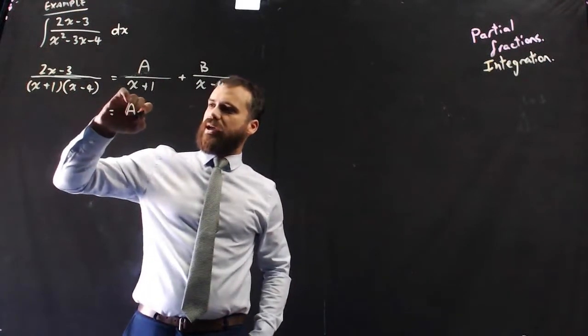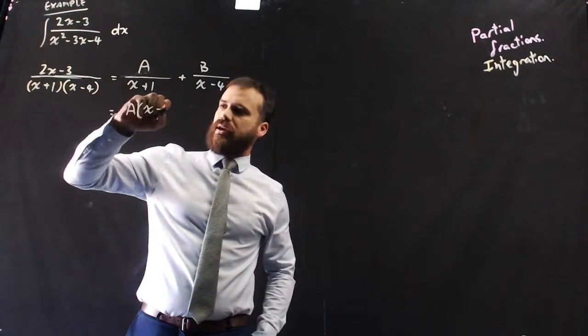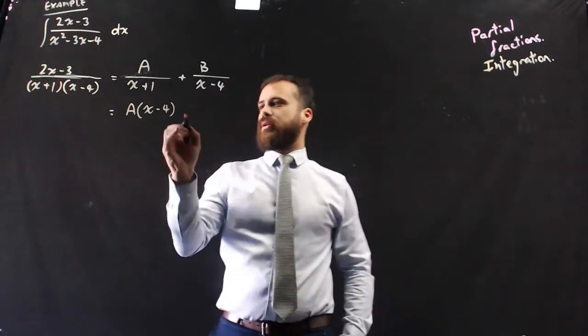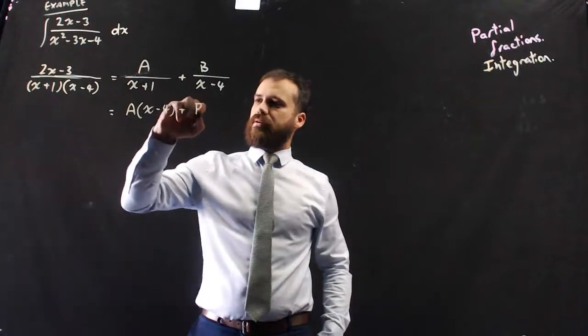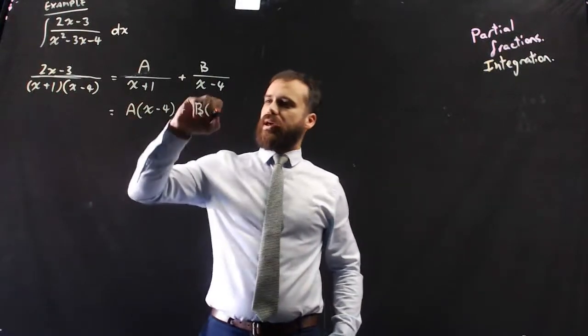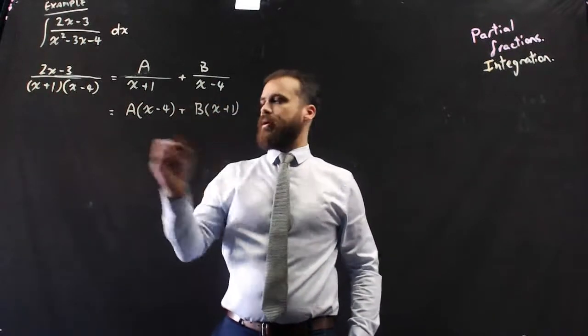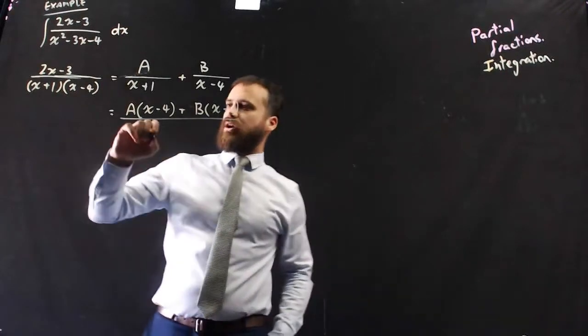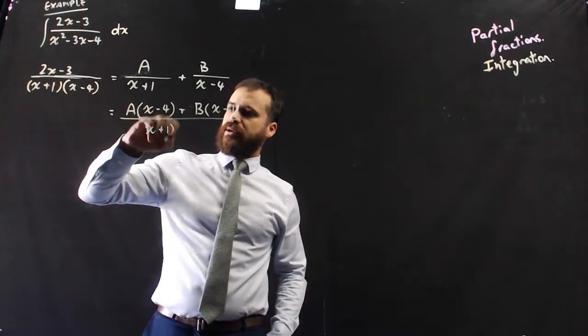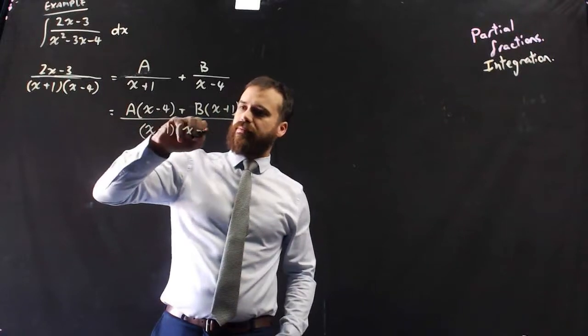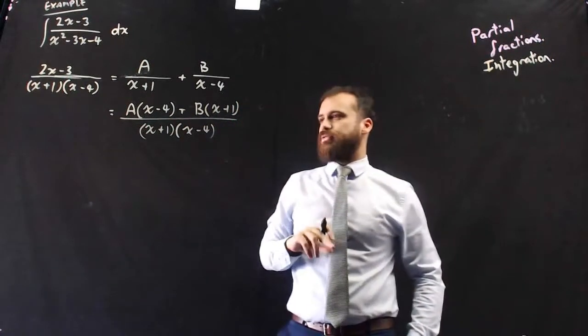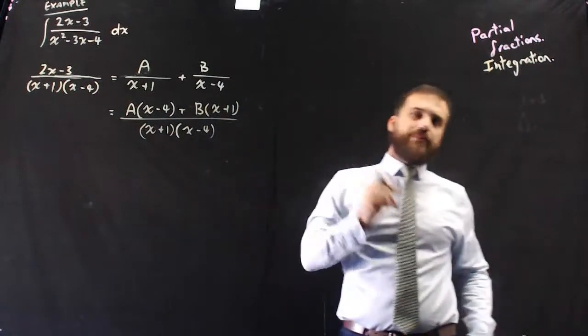So it's going to be A times (x - 4) plus B times (x + 1), and all of that over (x + 1)(x - 4). And now we just need to find out what A and B are.